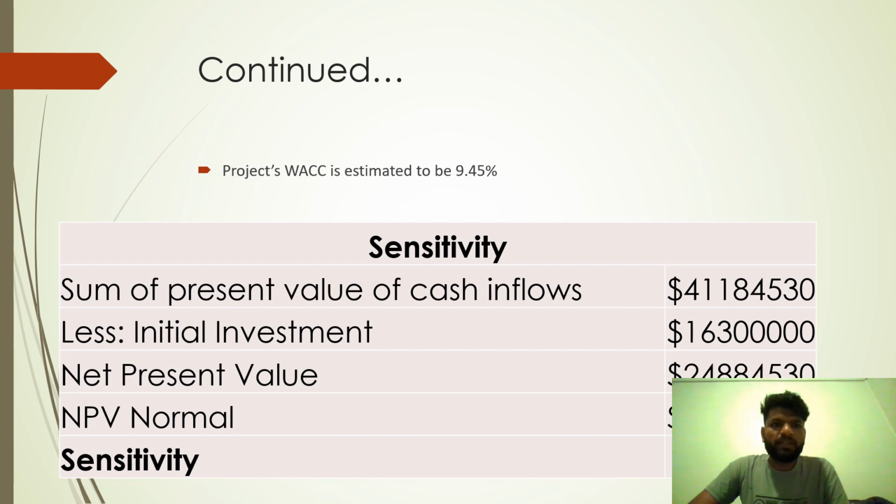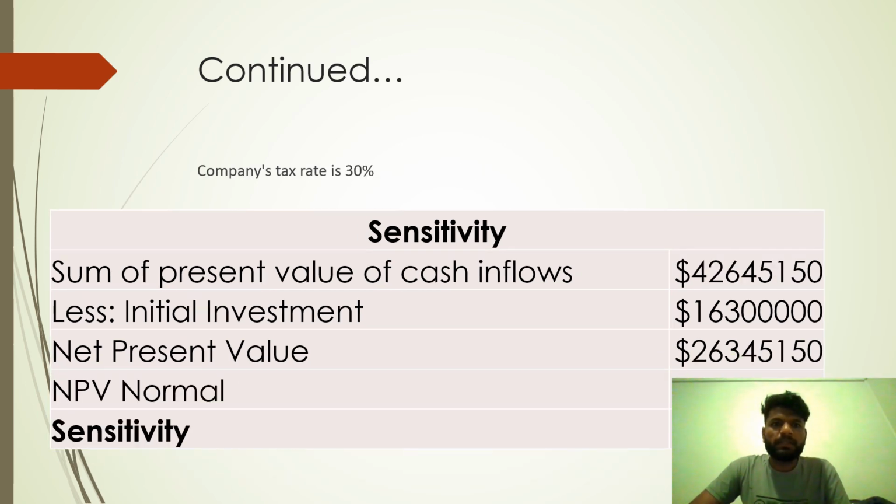The NPV will change by 0.92 or 92.92% if the project's weighted average cost of capital is raised to 9.45%. The company's net present value would change by 0.97 or 97.40% if its tax rate was raised to 30%.